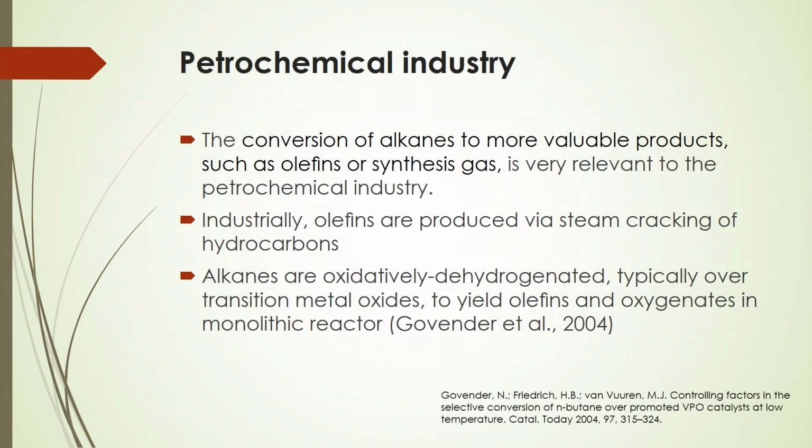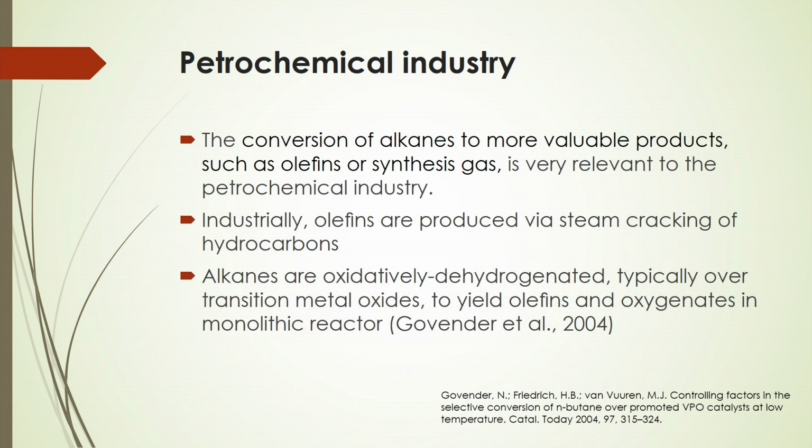And there are other applications of this monolithic catalyst in the petrochemical industry. In that case, alkanes, alkenes and other organic compounds are decomposed into other products in the presence of catalyst. So, the conversion of alkanes to more valuable products such as olefins or synthesis gas is very relevant to the petrochemical industry.